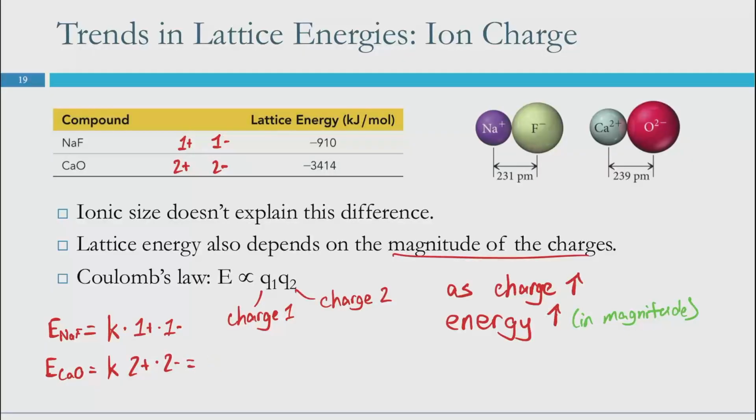So it would be -1, whatever this K value is, for our sodium fluoride, and for our calcium oxide, it would be about 4 times because we doubled both of the charges. So it makes sense that our lattice energy is about 4 times because of the way that our charges changed.